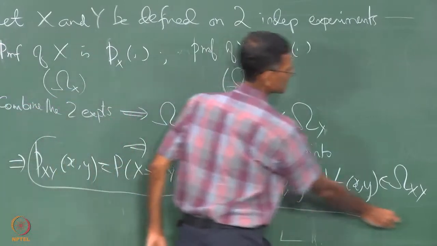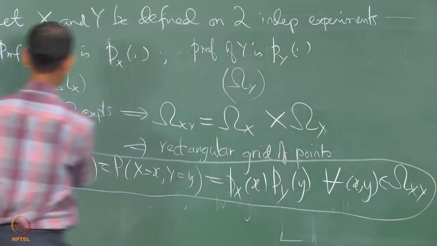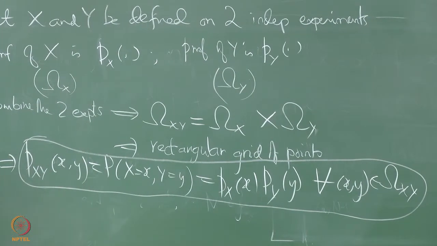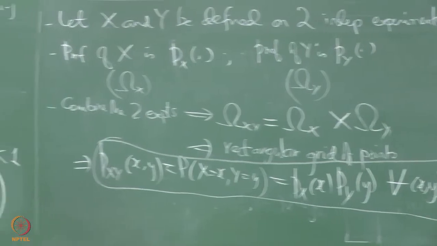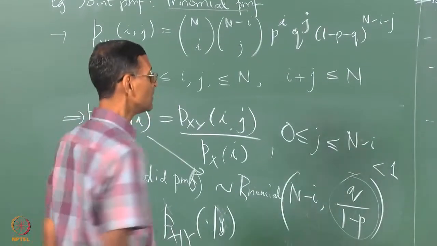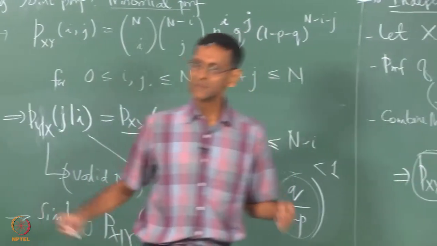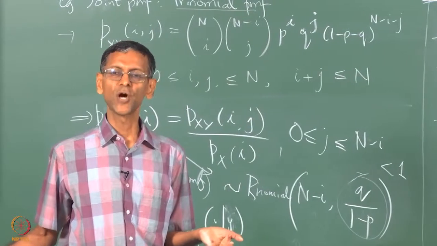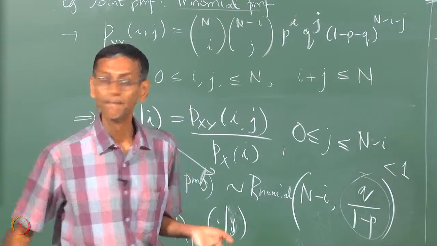So this is the most fundamental equality that characterizes independent random variables. Here we are actually going from the marginal to the joint. So in the independent case you can always construct the joint as a product of the marginals.